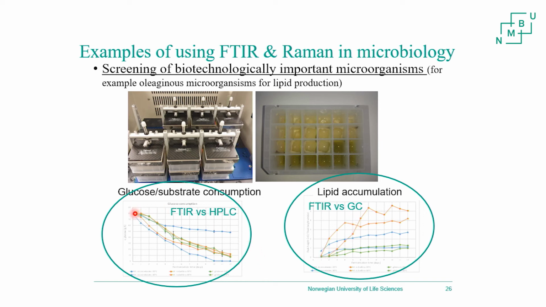As you can see, the results observed by FTIR and HPLC have quite a high correlation. So we get exactly the same glucose consumption from both techniques, and the same we observe for the GC and FTIR comparison. We observe the same lipid accumulation curves obtained from the GC and from the FTIR.